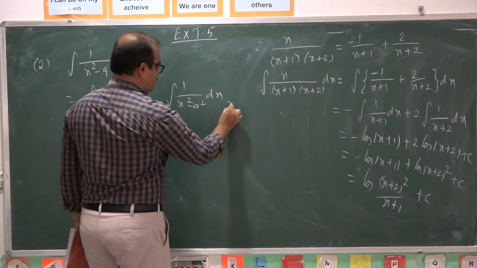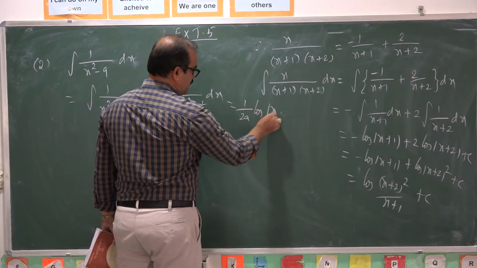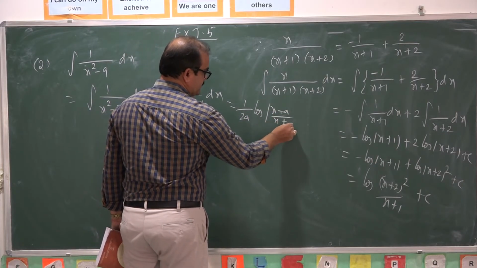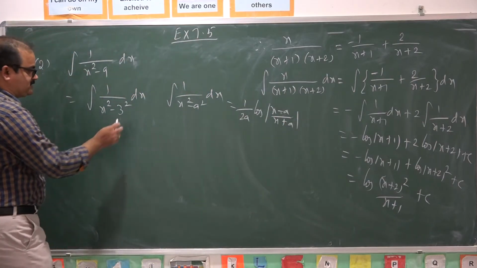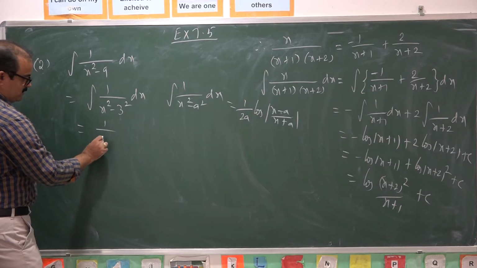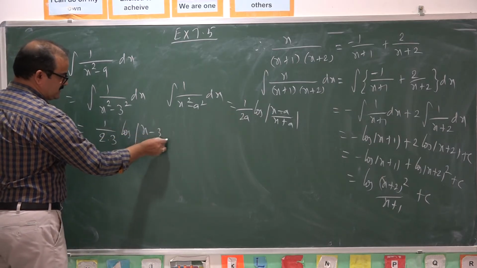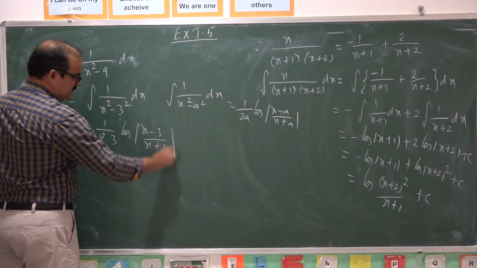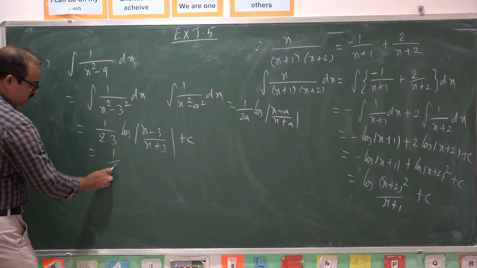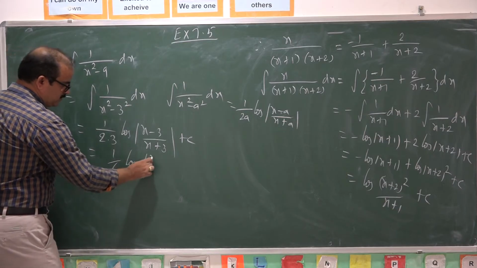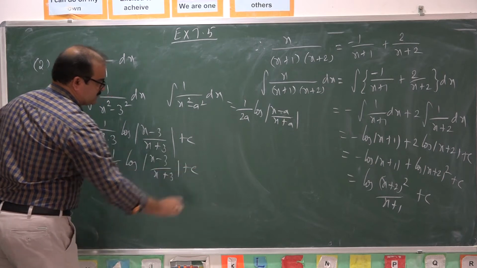Now you apply the formula, that is 1 by 2a into log mod (x minus a) by (x plus a). What is the a value? a is 3. So 1 by (2 into 3) log mod (x minus 3) by (x plus 3) plus c. 2 into 3 is 6, so 1 by 6 into log mod (x minus 3) by (x plus 3) plus c.